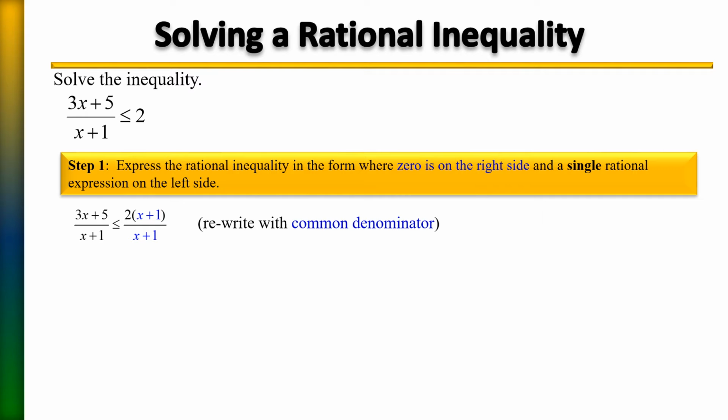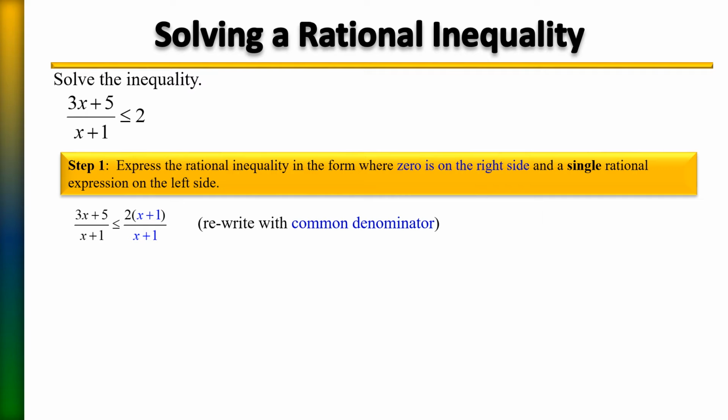I could have subtracted 2 from each side and moved it on the left side, but as soon as I'm done moving it over there, I'm still going to have to write it with the same common denominator. I would still have to multiply the top and the bottom by that. So again, it doesn't matter at which point you do that.